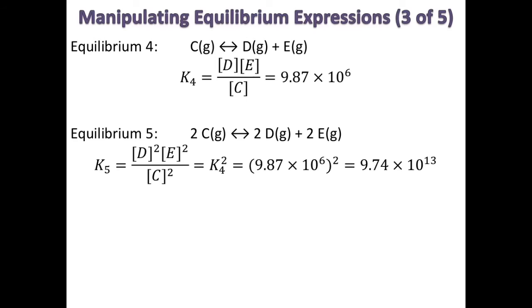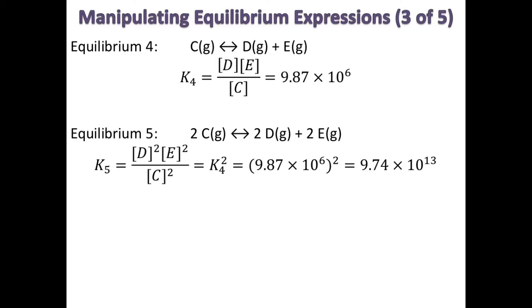Our next one is to double everything. We have a new equation, C goes to D plus E. If I want to double everything in this reaction, the 2C makes 2D plus 2E.